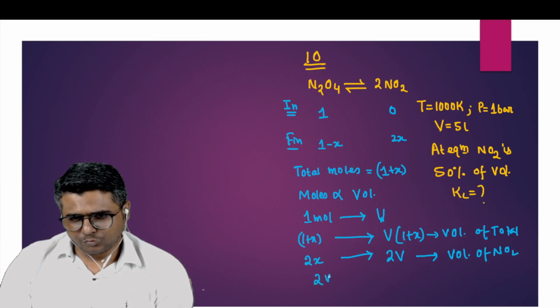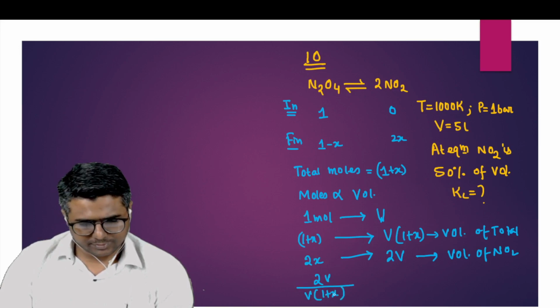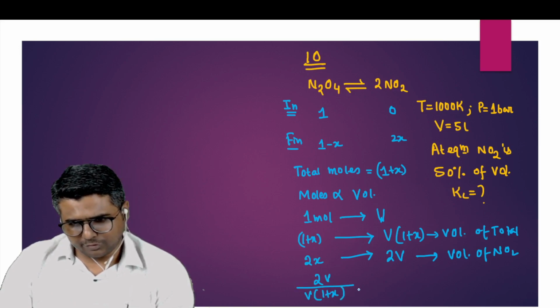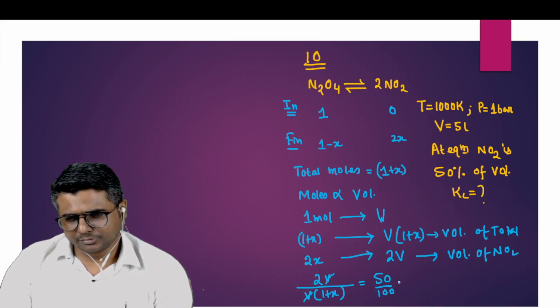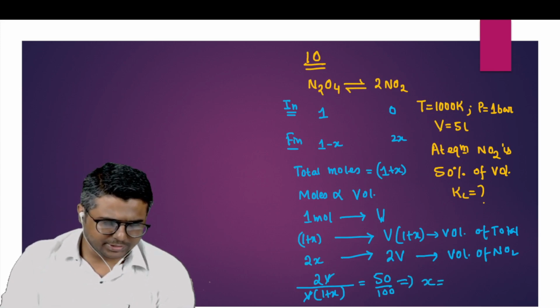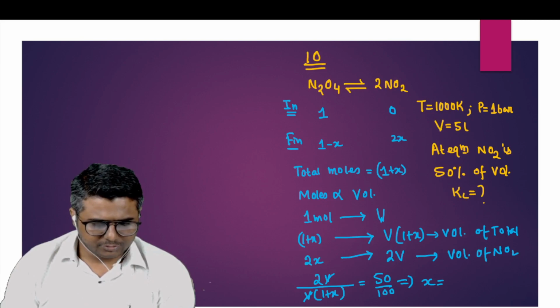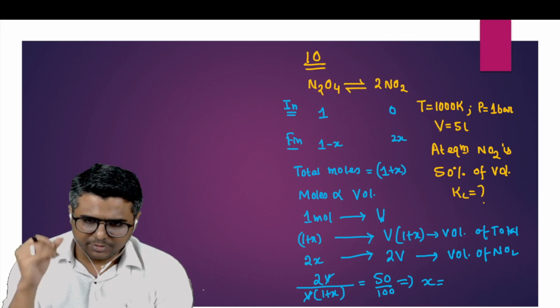So 2V by V(1 plus x) is equal to 50%, that means 50 by 100. V and V cancel out. From here you will be able to find out x. So please calculate what is x.